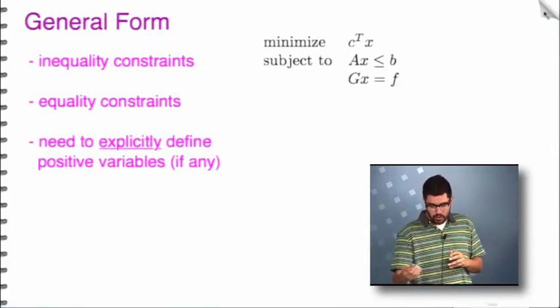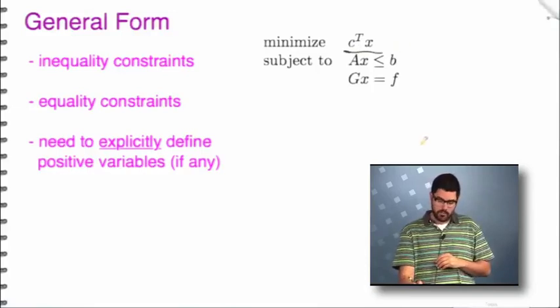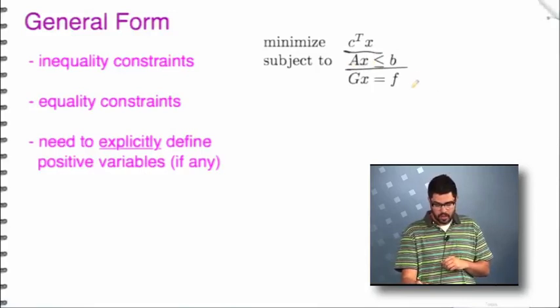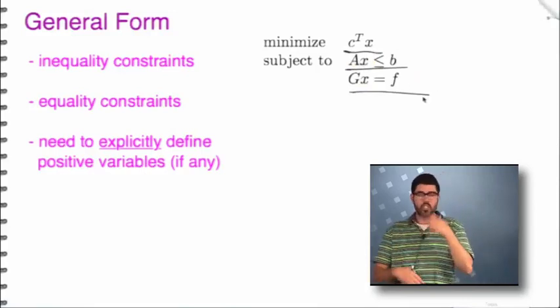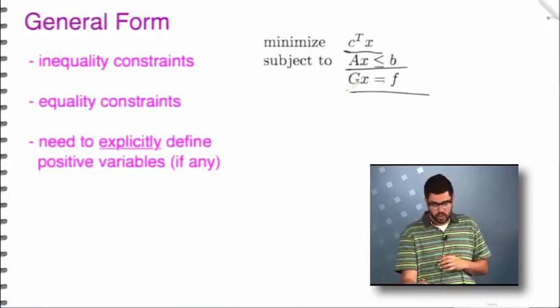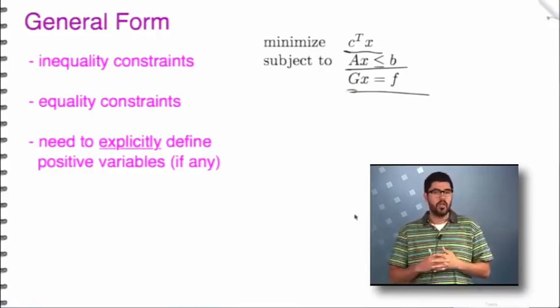So here you can see that we still have our cost function, and then now here we have inequality, and here we have equality, and we just separate them into two different matrices. The G would just include the equality portions, and the A will include the inequality portions. All right.